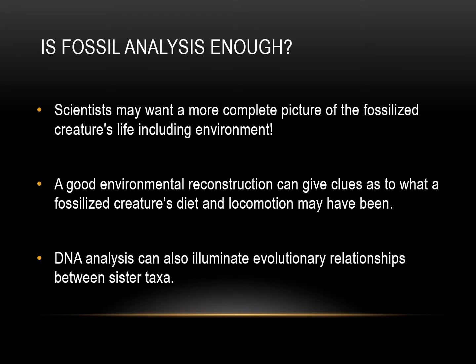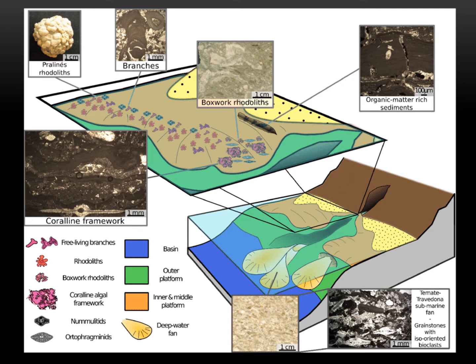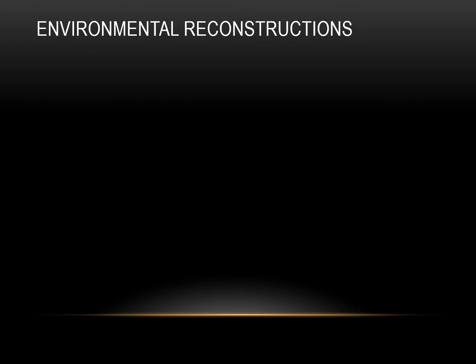DNA analysis can also illuminate evolutionary relationships between sister taxa in our taxonomic family tree. In terms of environmental reconstructions, they are, of course, based off of fossil evidence. So we're not just looking for fossilized creatures, we're also looking for fossilized plant materials, right?